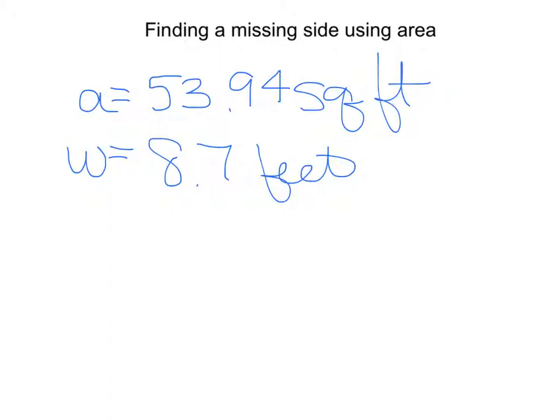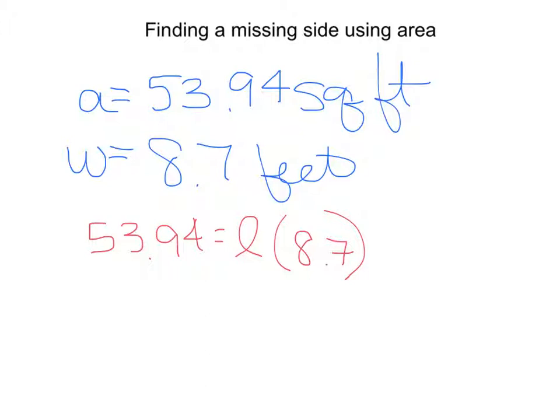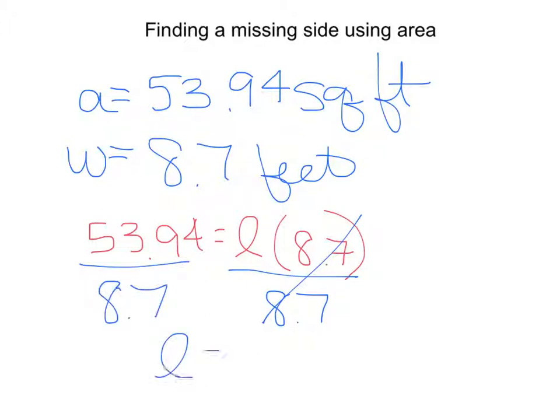So we know that area, 53.94 equals length times 8.7. Well, when we're trying to solve for a variable, we divide both sides over here by 8.7. So we divide this by 8.7. So our length would equal 6.2 feet.